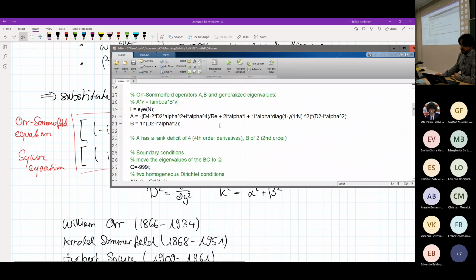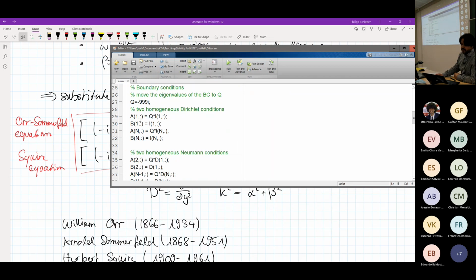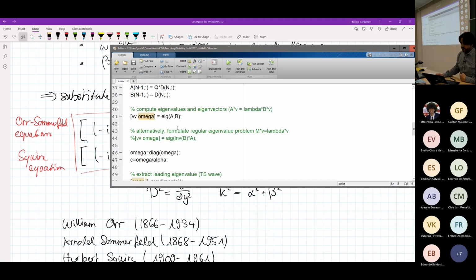And then what I do as the next step is I need to put boundary conditions. I have channel flow, so I have 2 boundary conditions on the top, 2 boundary conditions on the bottom. And then I'm just formulating an eigenvalue problem, and I solve it with Eig in MATLAB, as simple as that.